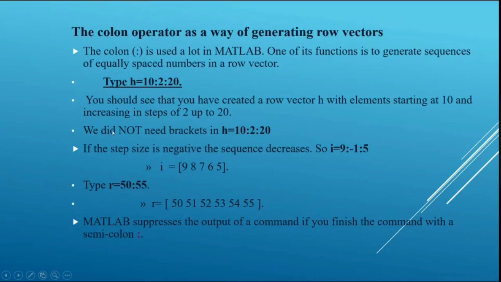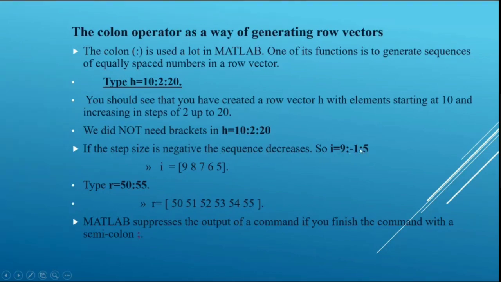You can see that we don't need brackets here. As we used square brackets earlier in matrices, here we don't need any sort of bracket. If the step size is negative, for sequences like 9:-1:5, it decreases.